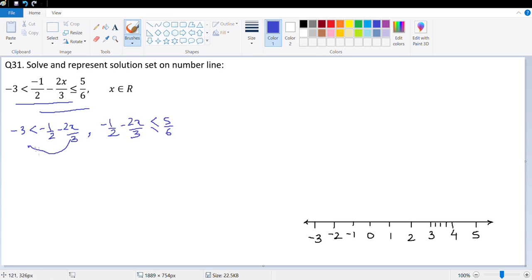Let me take x on this side, which means this becomes 2x upon 3 is less than negative half plus 3. And this is negative half minus 5 by 6 is less than or equal to 2x upon 3. This is 2x upon 3 is less than 3 minus half, that's 2.5, which means 5 upon 2.